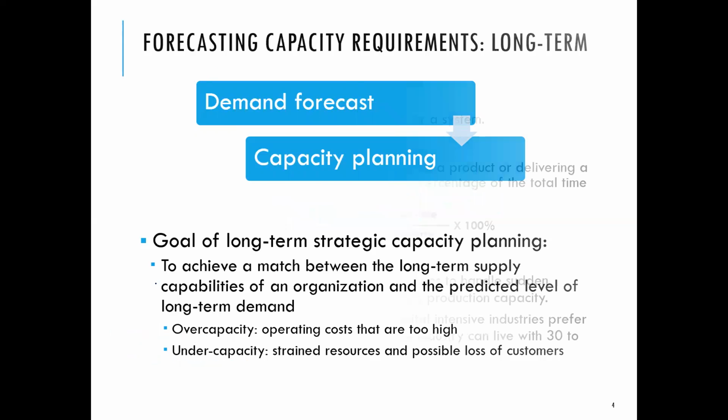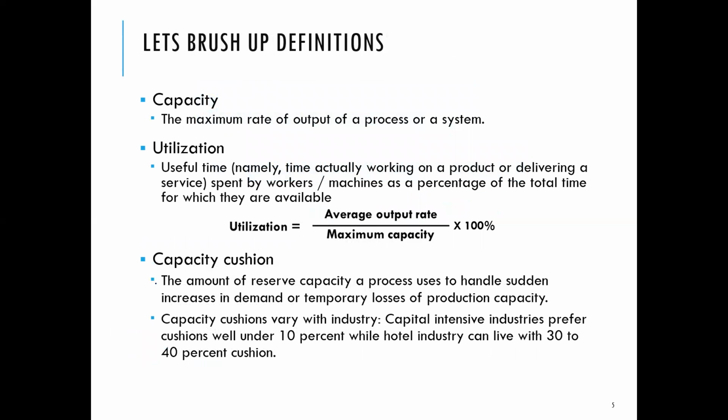Now, moving on, we discussed these 3 definitions. 2 of them we already know. We did discuss capacity in detail in chapter 5. The second one is utilization, which is a ratio, sorry, correction, it is not an average, it is a ratio of your actual output rate divided by your maximum capacity.